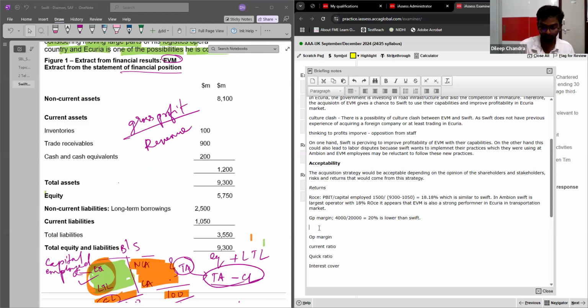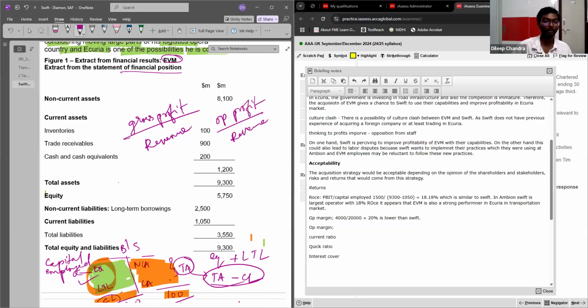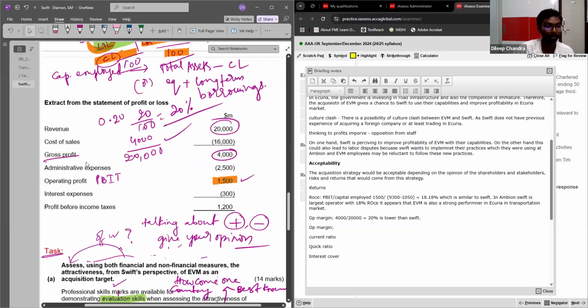We'll calculate operating profit margin as well. Operating profit margin, how can we calculate? Operating profit by revenue. Where is my operating profit?